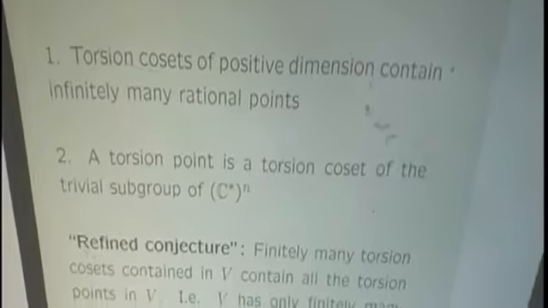So if you like, V has finitely many maximal torsion cosets inside it. All right, so now I want to sketch a proof of that theorem using the minimality result.